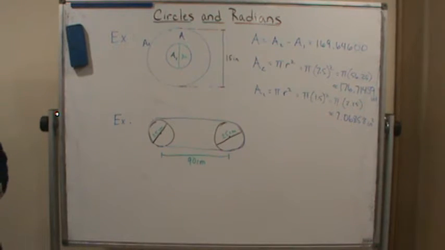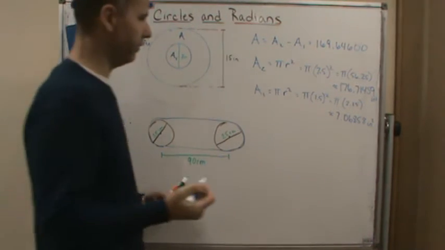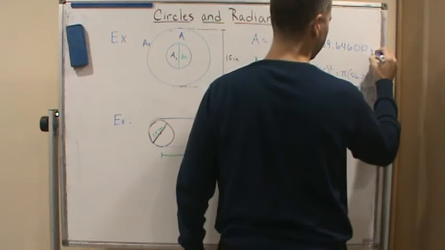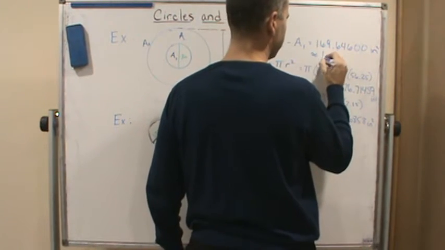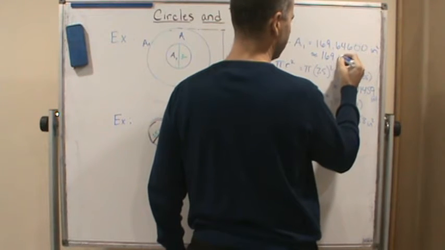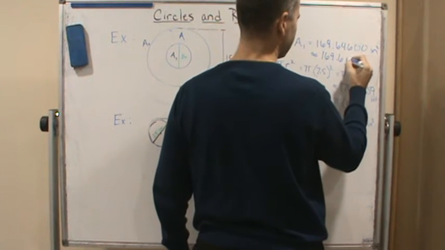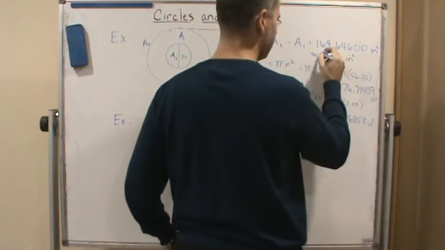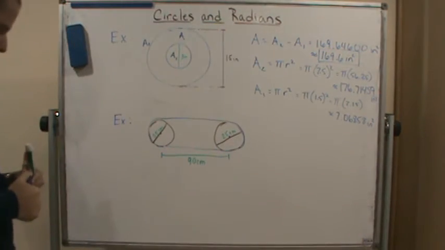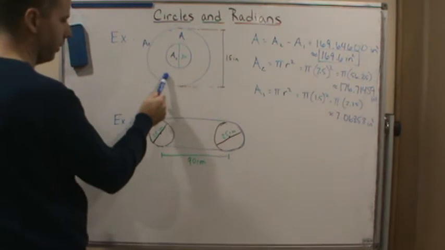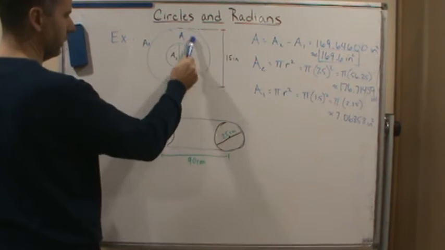And so again, if we round to the nearest tenth of a square inch, this is going to be approximately 169.6 square inches. And that's the area of the wheel, this side of the wheel.